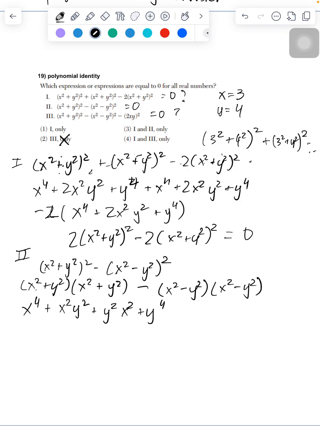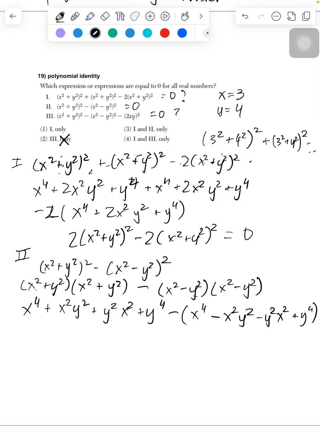And over here you're going to get x to the fourth, minus, and this whole thing is in parentheses, minus x squared y squared, minus y squared x squared is going to be minus y squared x squared, and minus y squared times minus y squared is going to be plus y to the fourth.